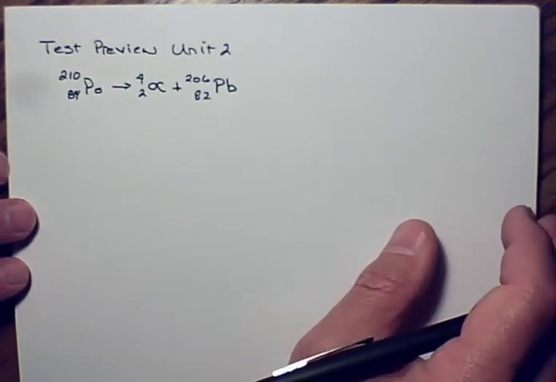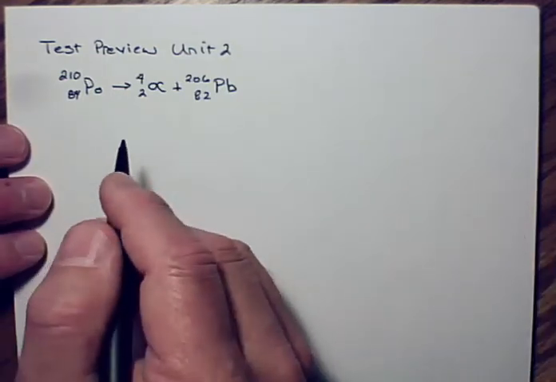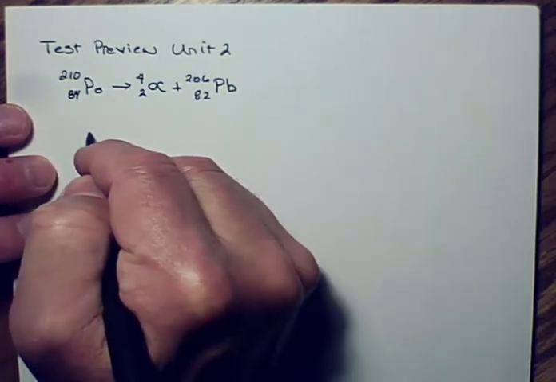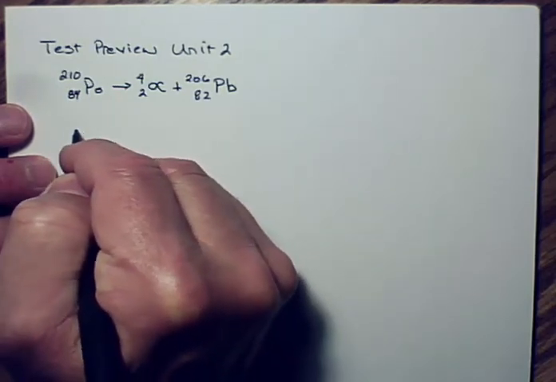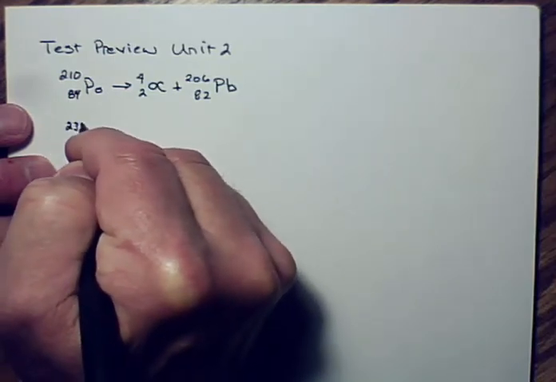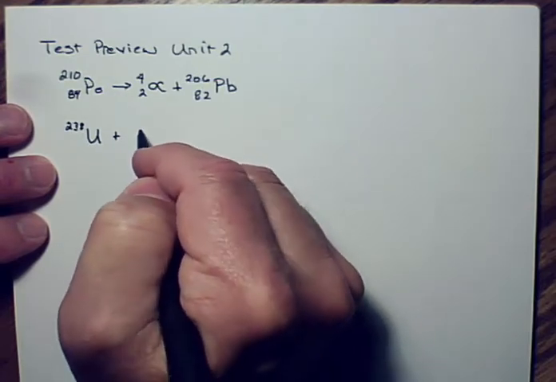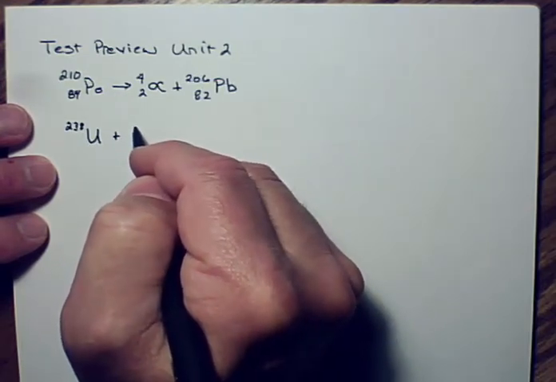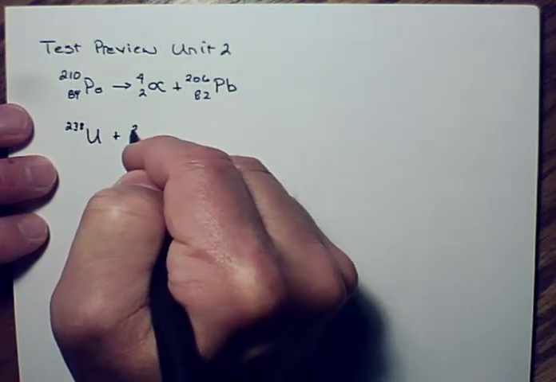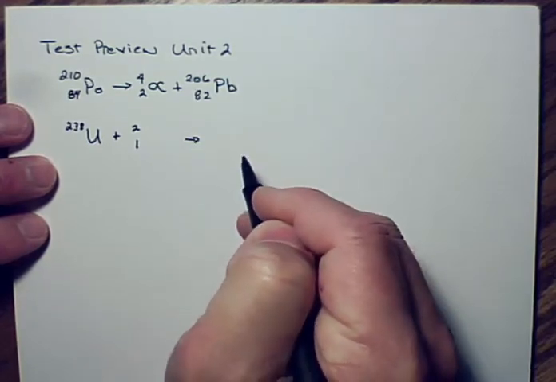Let's suppose that I give you the equation we talked about here, where I give you some blank spaces. Let me give you this, and 238, and we're going to have 2 and 1 here.